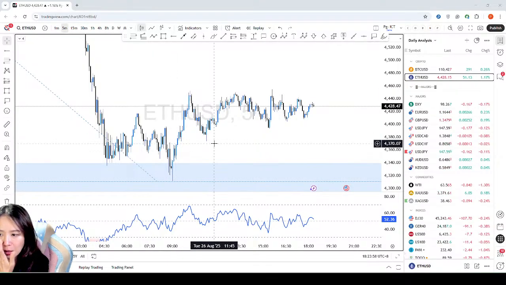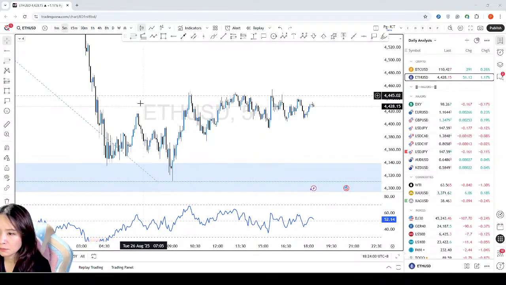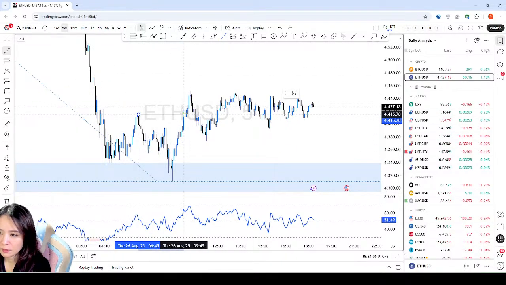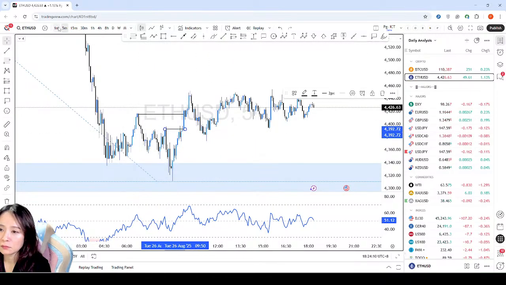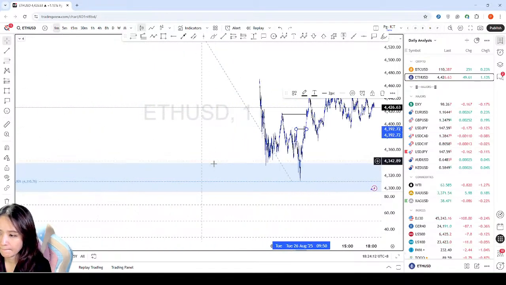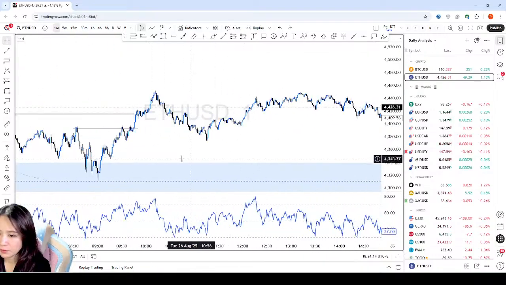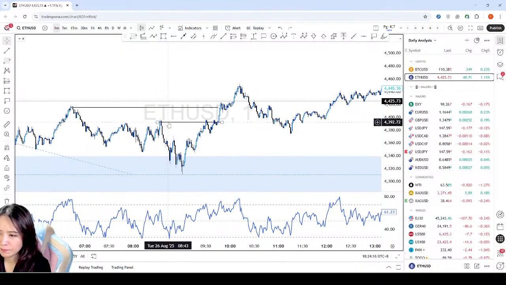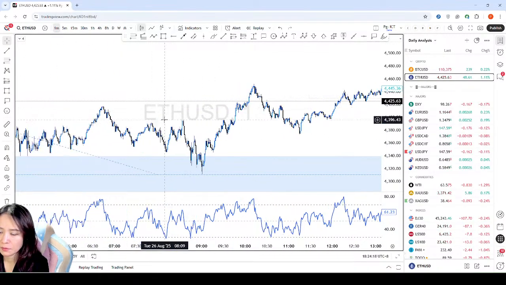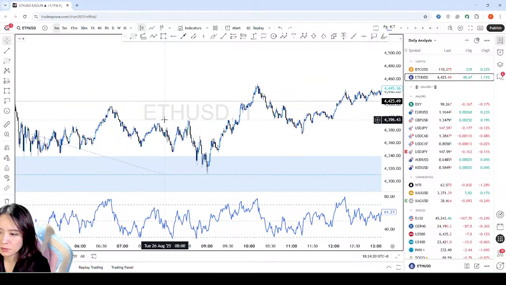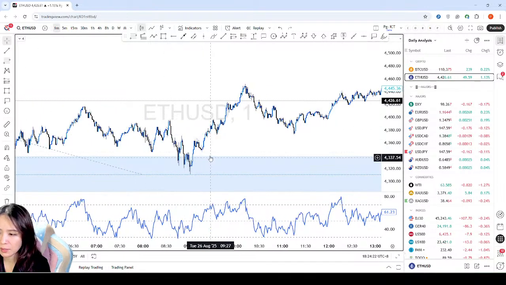Where is our market structure shift? I would say here. Sometimes I would say here as well. To M1. Okay, in the lower time frame, still lower low, lower high.